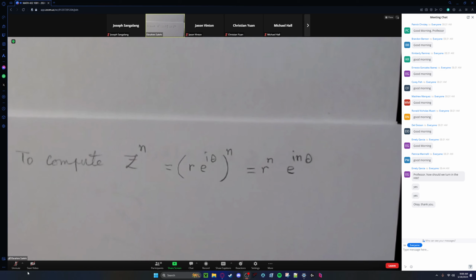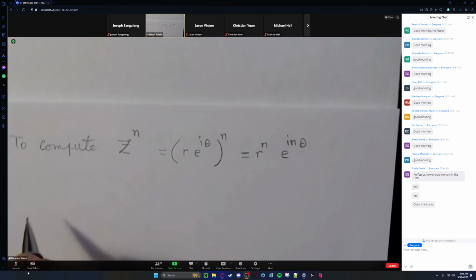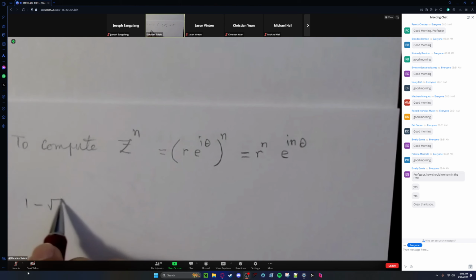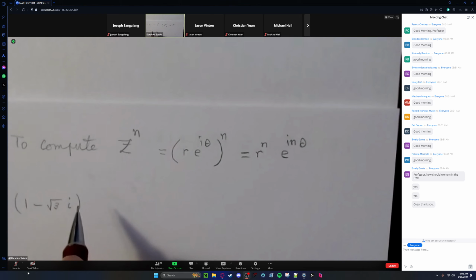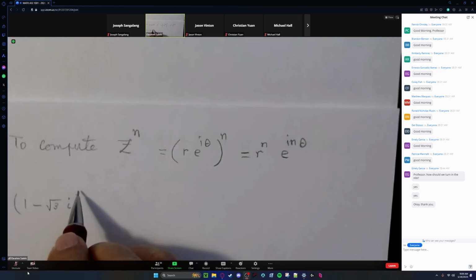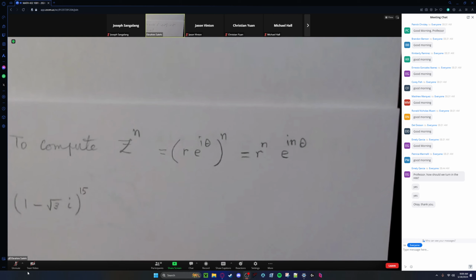Now let me give you an example here. How about I want to see what happens to, let's say, 1 minus the square root of 3i to the 15. This is a good example for this application number 2.